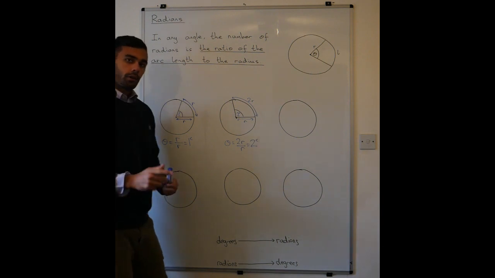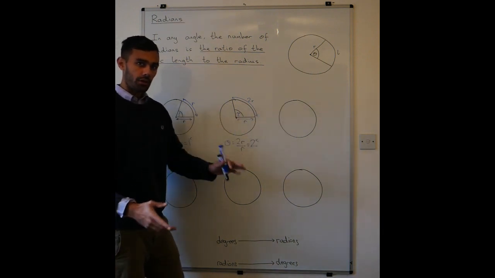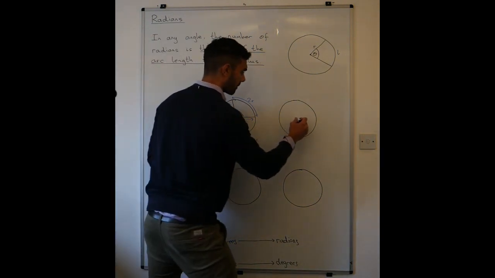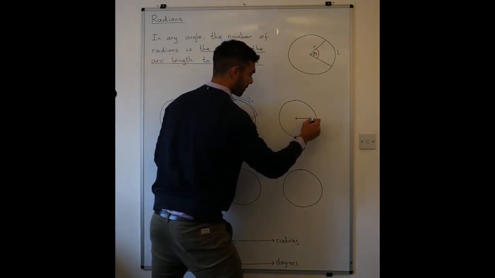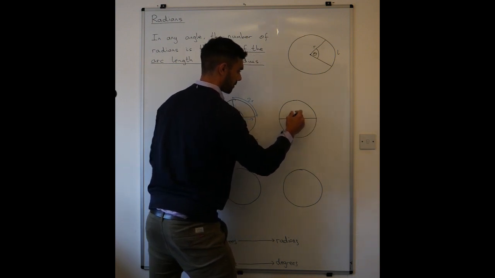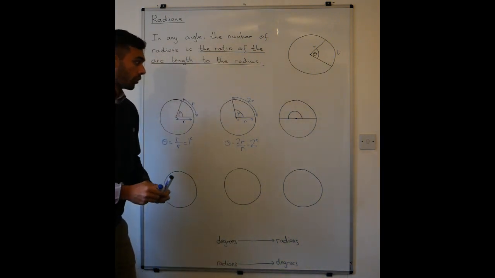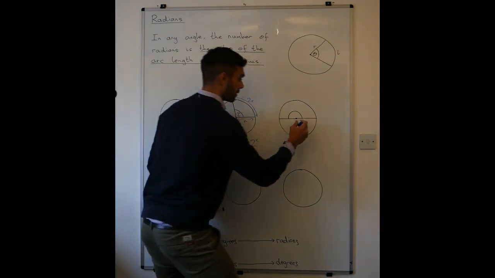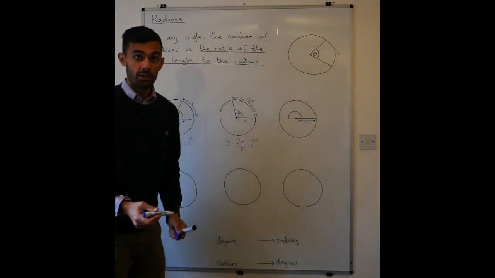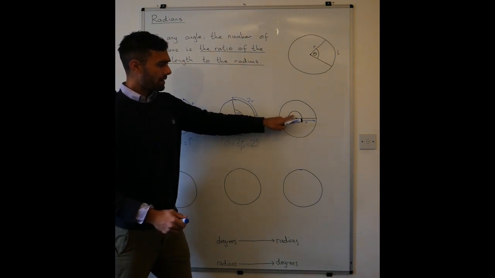Okay. Third angle over here, and we're just going to change it slightly. This time, I've drawn a semicircle. Again, the radius is r. And the question is, how big is this angle?